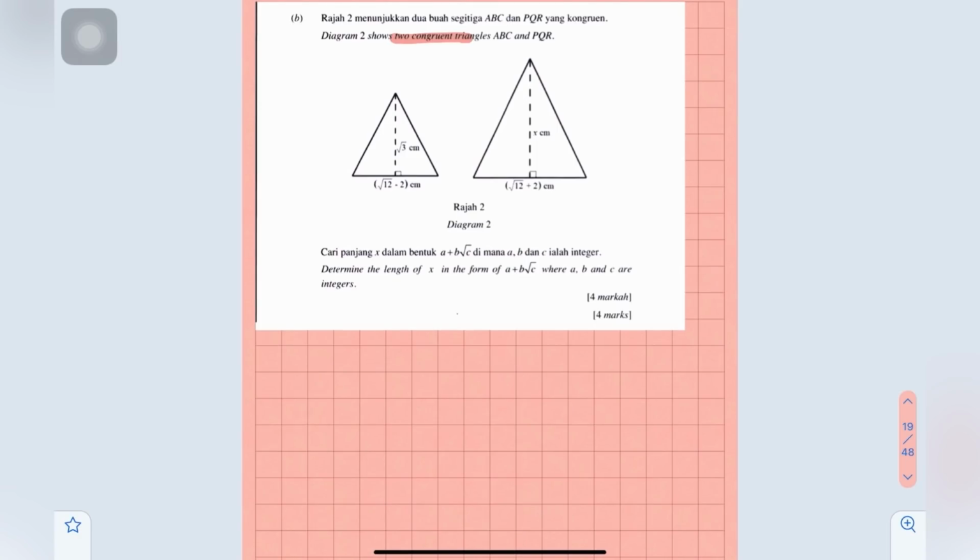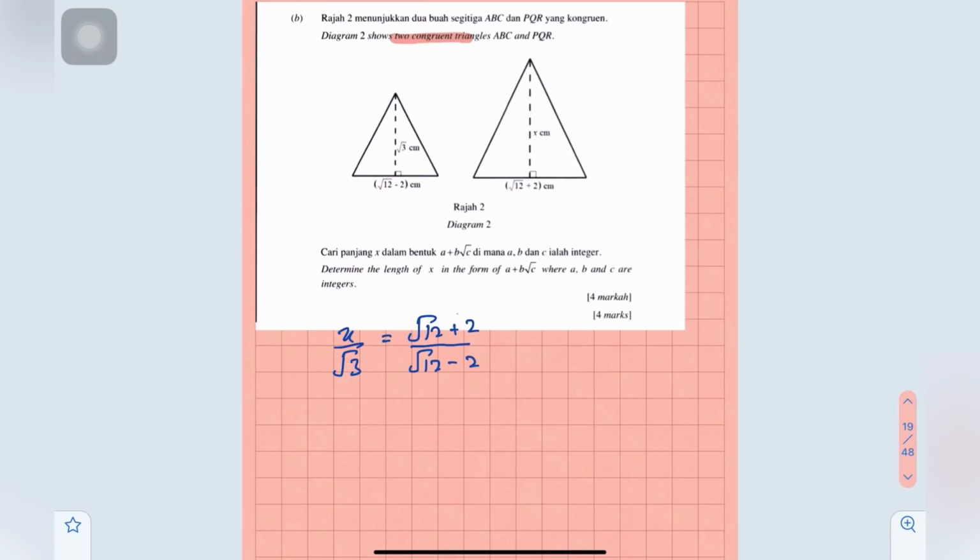Okay, kita ratiokan dia. So x over root 3 sama dengan root 12 minus 2 over root 12 plus 2 over root 12 minus 2. Okay, so this one kita kena rationalize kan. Ingat kalau denominator ni ada root, kita kena rationalize kan.